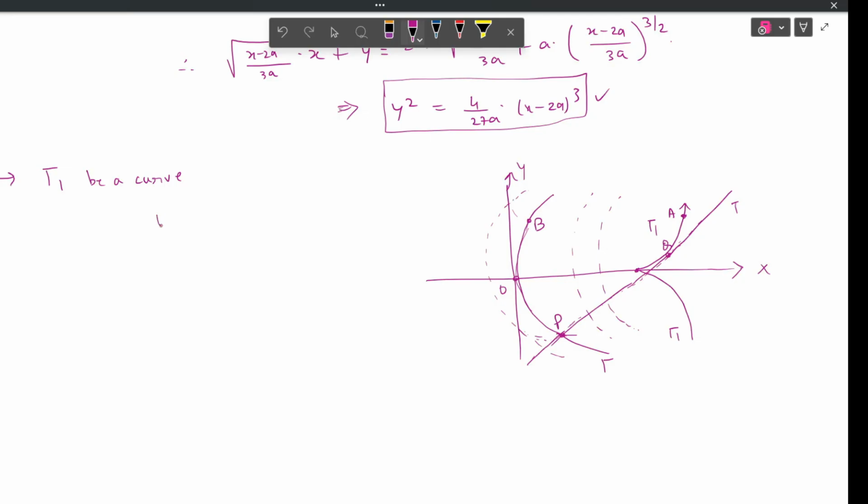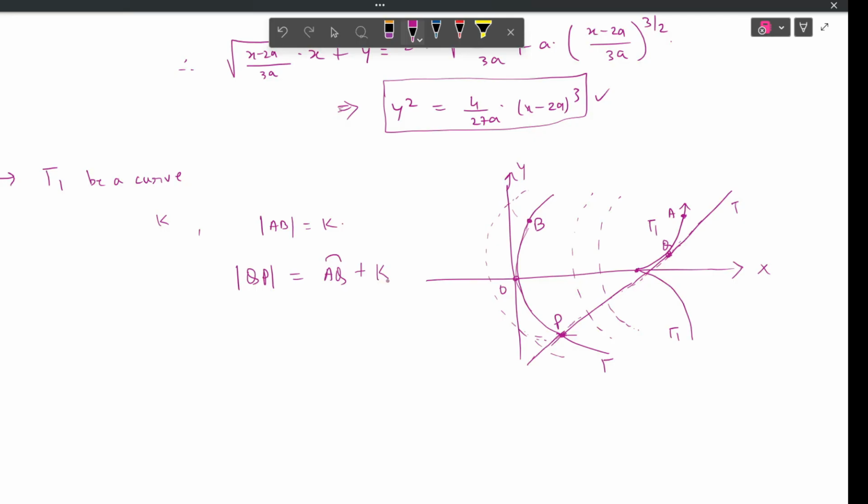This point B is a point taken arbitrarily such that mod of AB, the distance, is that arbitrary number K. Then an involute of this curve gamma 1, say gamma, will pass through the point B, and if the tangent of gamma 1 at an arbitrary point, let us say Q, cuts at point P, then mod of QP, that is this distance, is the arc AQ plus that constant K.